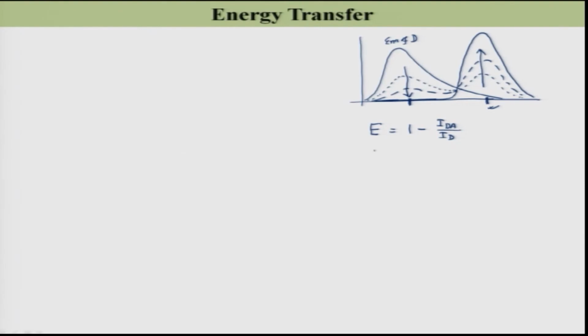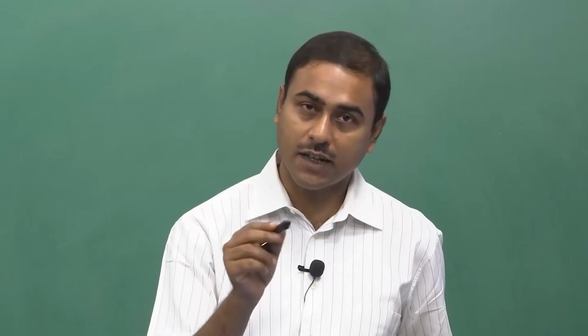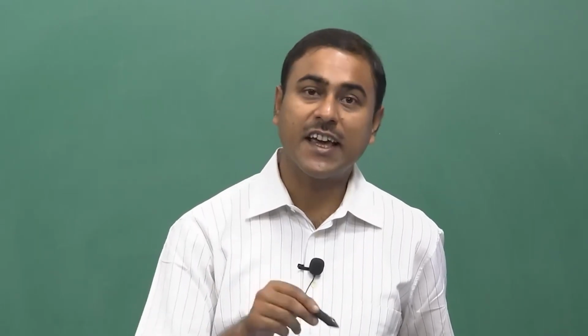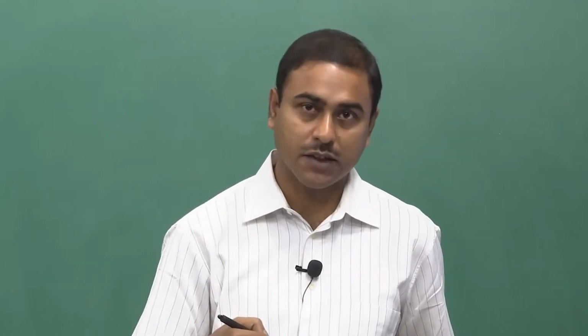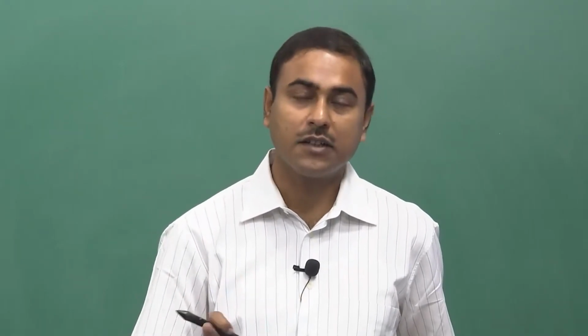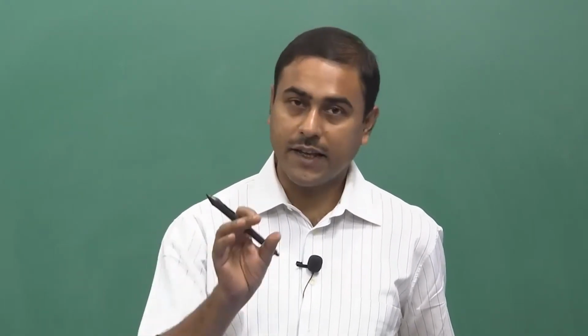Similarly, this efficiency also can be written in terms of the lifetime. In case of energy transfer, the lifetime of this species will also change because of the creation of this additional pathway. What is that additional pathway? That I wrote just a few minutes back as k_ET. That is why, when I calculated the efficiency, I wrote this k_ET divided by the total rate constant.